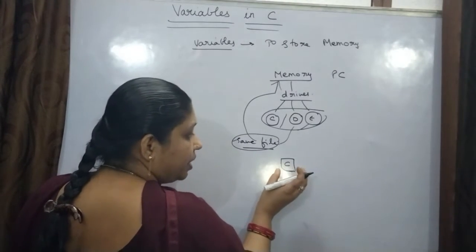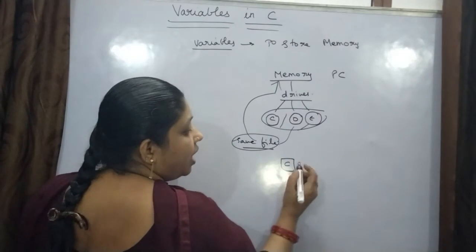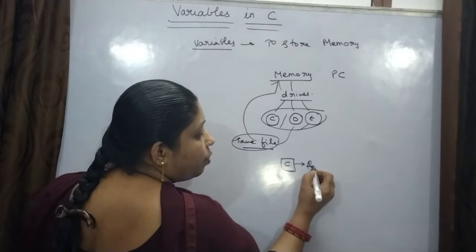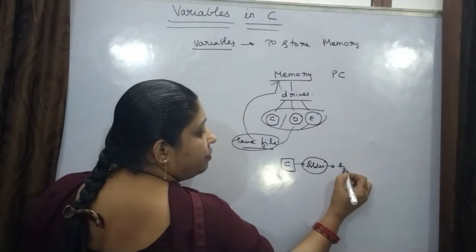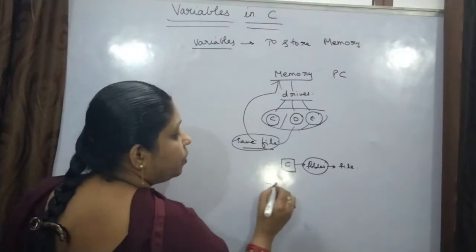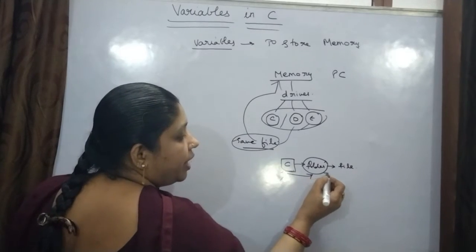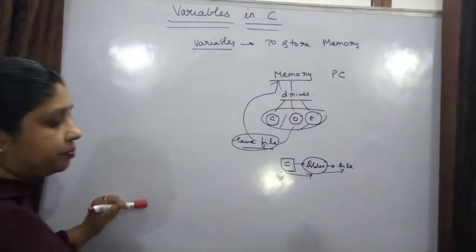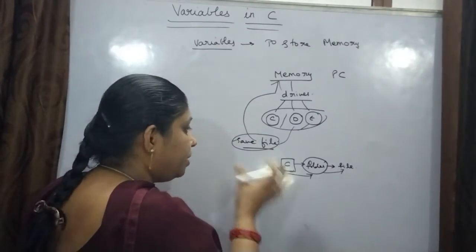That means in the memory, this is one of the places where you are selecting one place, and in that place again you will go with one folder, and in that folder you will save the file. So when you want to access the file, you will go directly to the C drive, go to that particular folder, and then you can access the file. Am I right? So this is how our computer memory works.